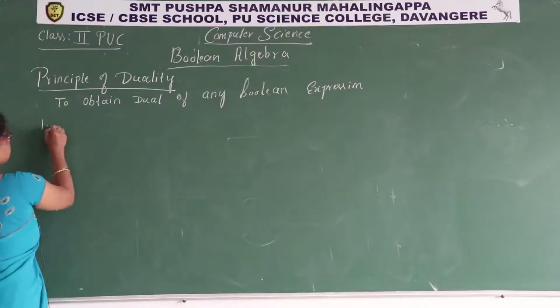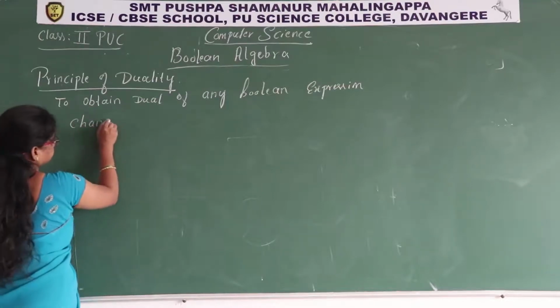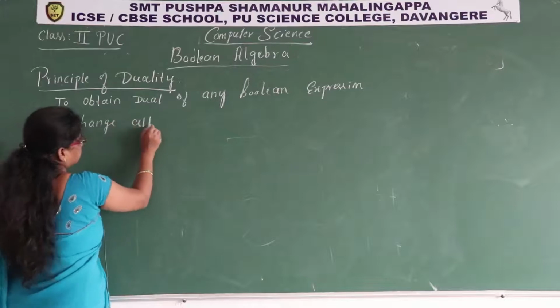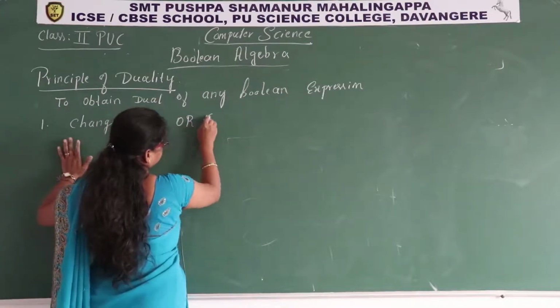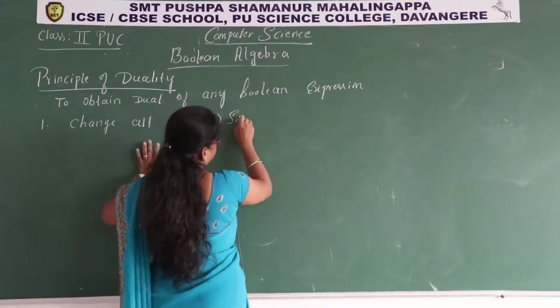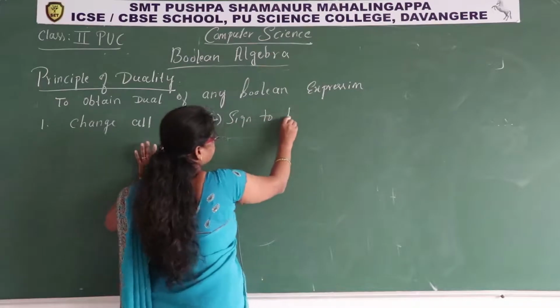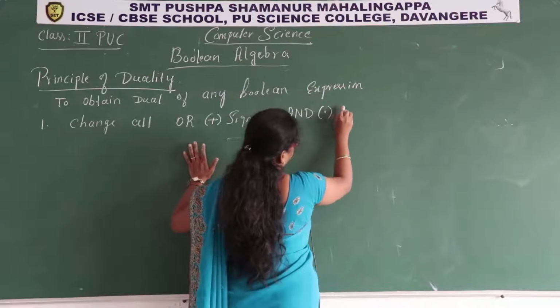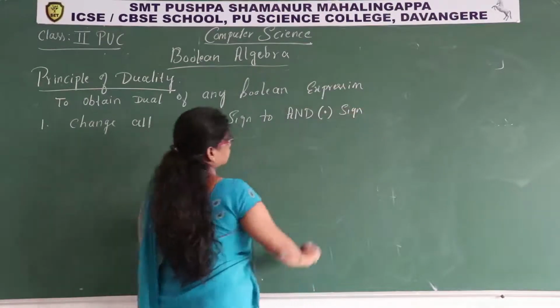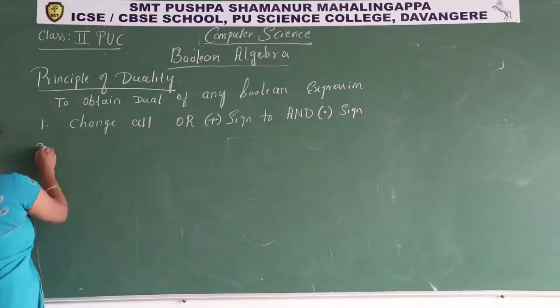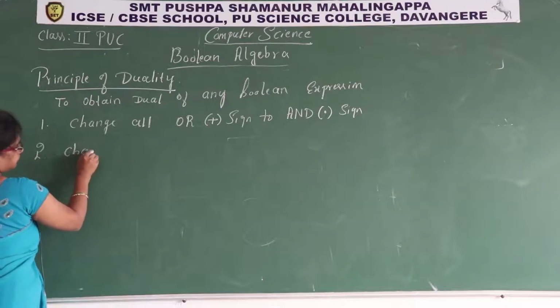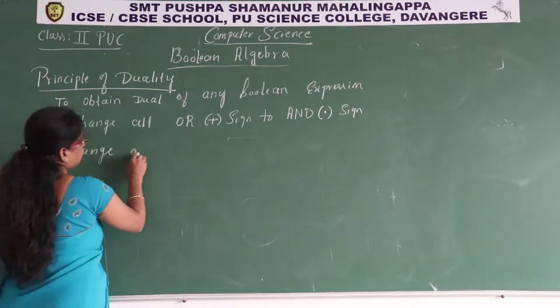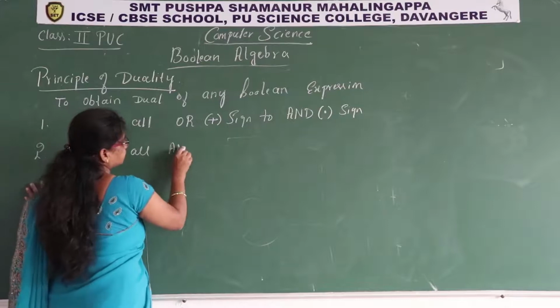First, change all or sign to and sign, that is dot. Second, change all and sign to or sign.